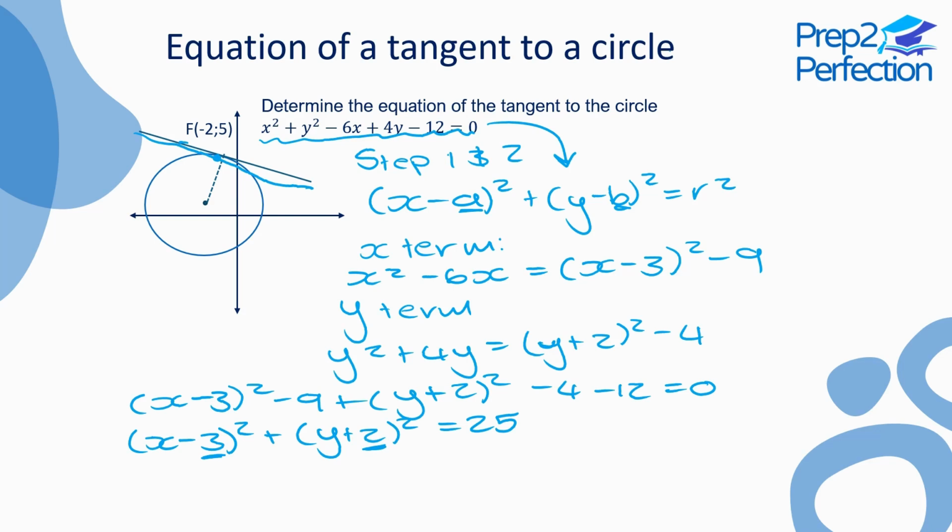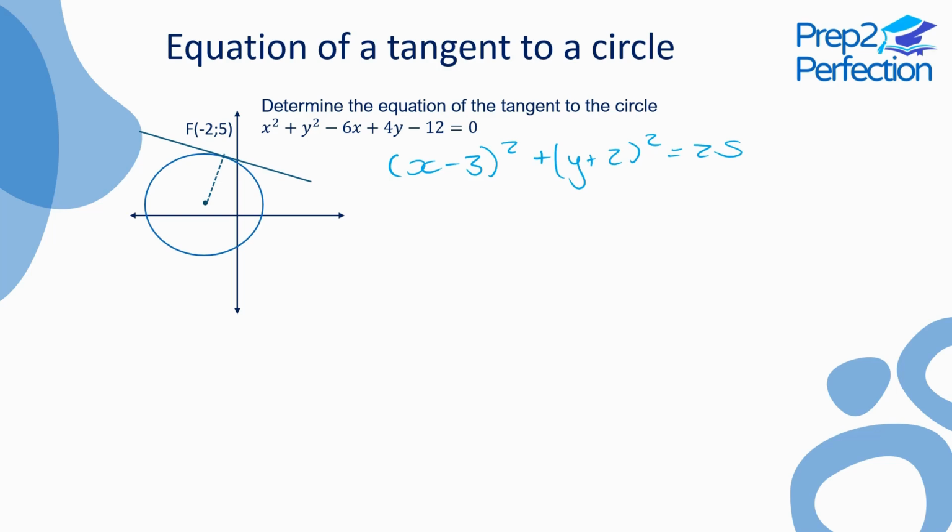So the center of our circle, which we'll call C, is (3; −2). We have determined that the center is (3; −2). So from here, we can also determine that the radius is equal to 5 units.